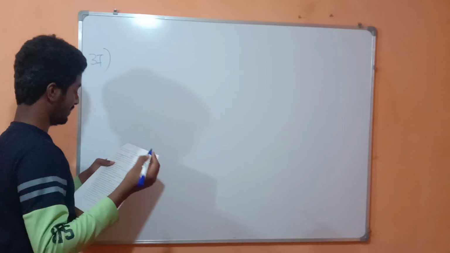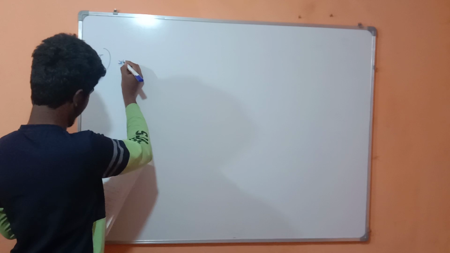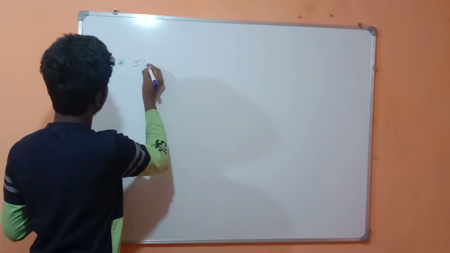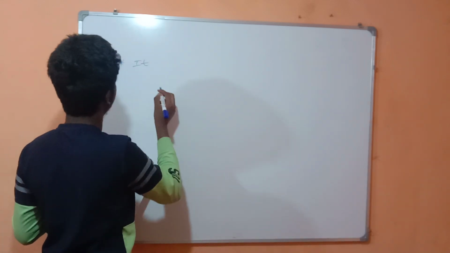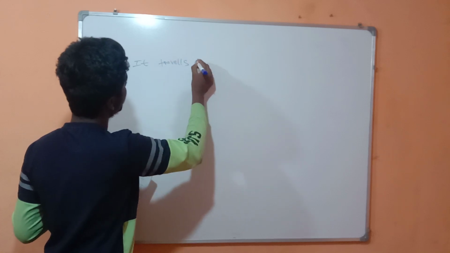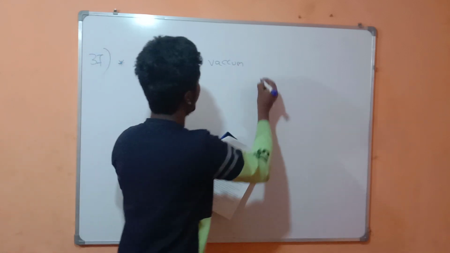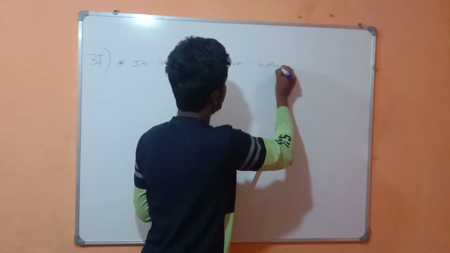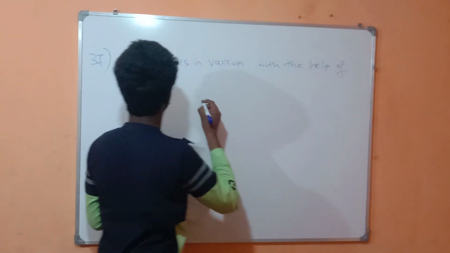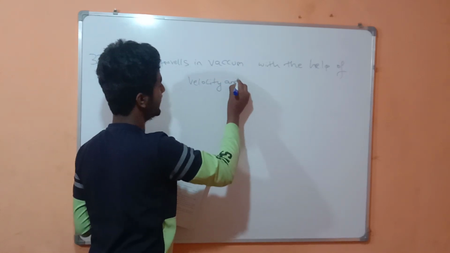37th question. Properties of thermal radiation, let me write point wise. Any 3 we want to write. It means thermal radiation travels in vacuum with the help of velocity and light, children.